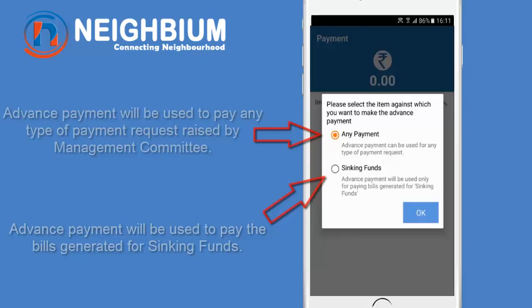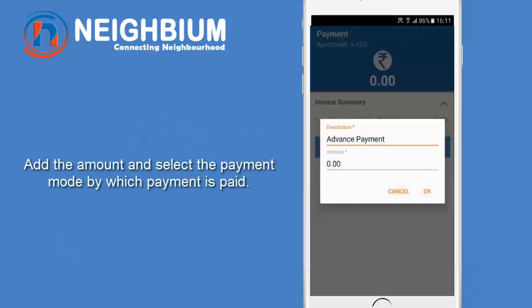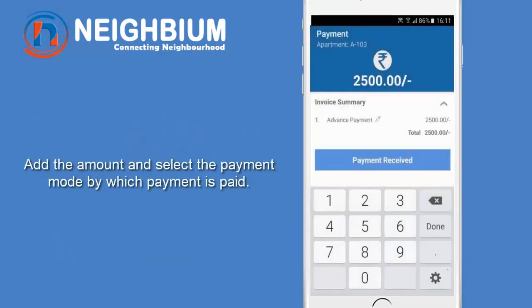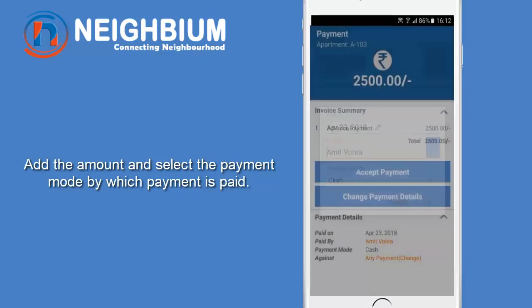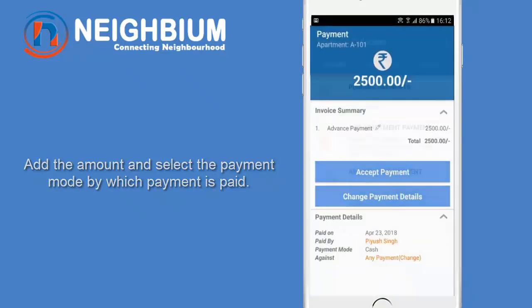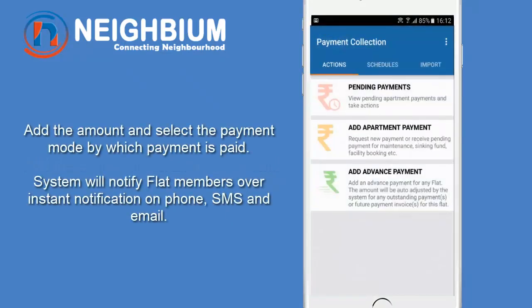Make the correct choice. Add the amount. Select the payment mode. Click on Accept Payment to generate a receipt for the payment. The system will notify flat members over push notification, SMS and email.